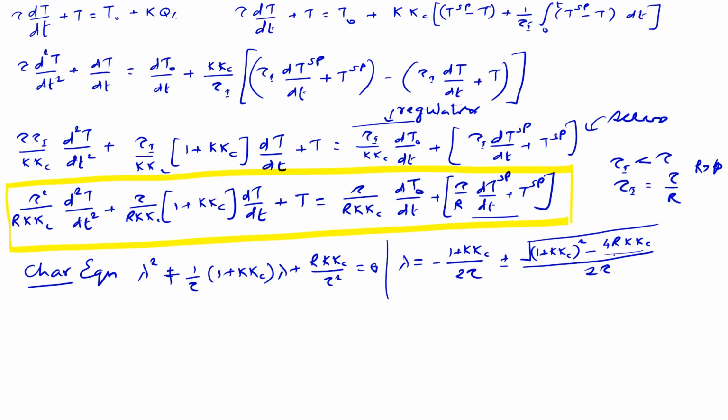As kkc starts to increase, the linear kkc term grows faster than the square term, so you will have imaginary roots because the thing under the square root sign would be negative. But if kkc is increased sufficiently, then the square term will start to dominate, and then you'll again get a positive part under the radical, and then you'll get real distinct roots.